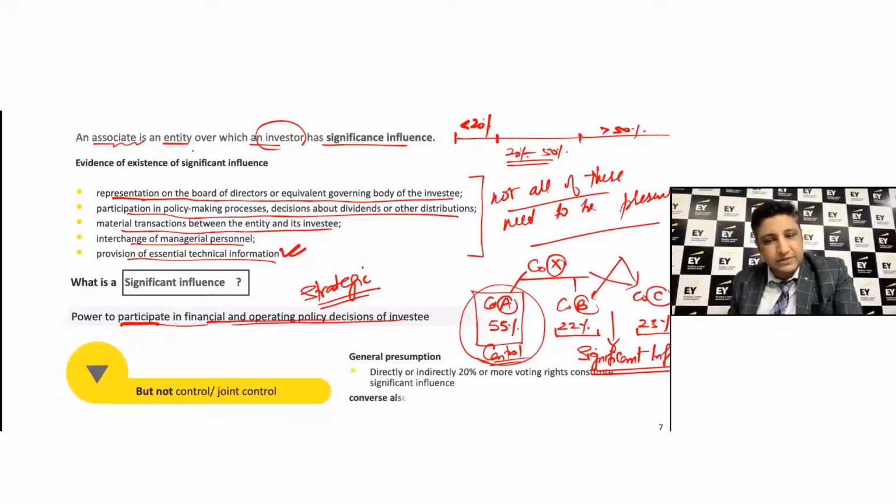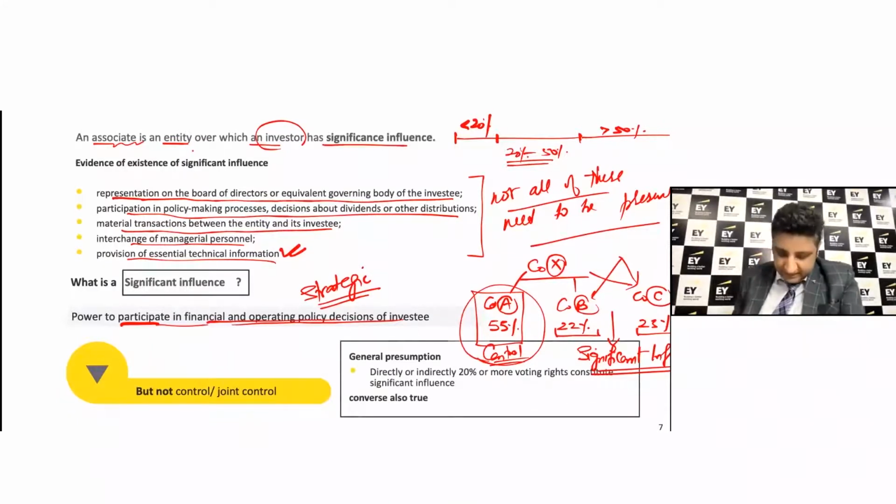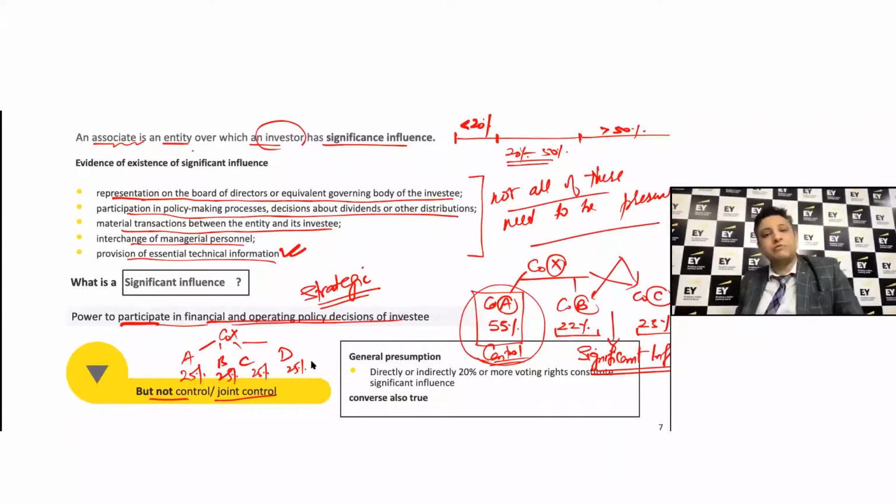Of course, we mentioned specifically that the control or joint control should not be there. Which means, just to clarify, if there is a company X and there are A, B, C, and D, each of the shareholders having 25% stake or voting power, we may ask, are they all having significant influence?